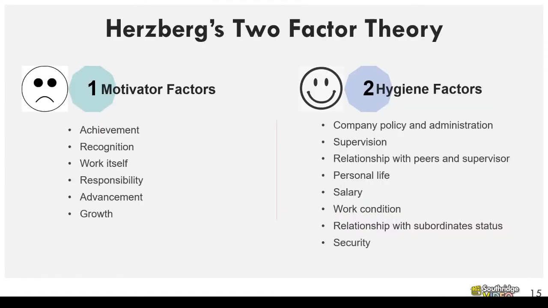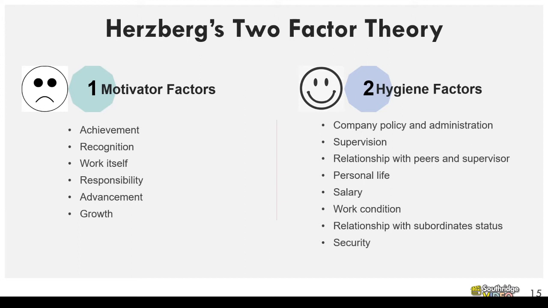According to the research of Herzberg, he found out that there are many factors that can be classified in the motivator factors and the hygiene factors. Satisfied employees said that the following factors responsible for job satisfaction, tabled in motivator factors, are achievement, recognition, work itself, responsibility, advancement, and growth.